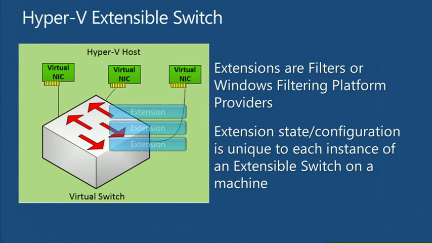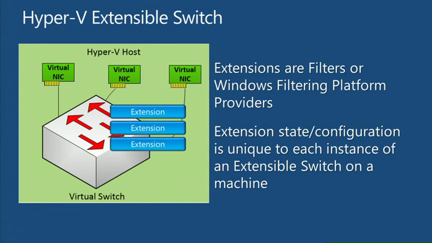So let's go back to this and talk about these things. I've mentioned already that we've made these as either NDIS filters or Windows filtering platform providers, but in the end, we just refer to these as extensions. And I'm going to go through each one in a little bit more detail.